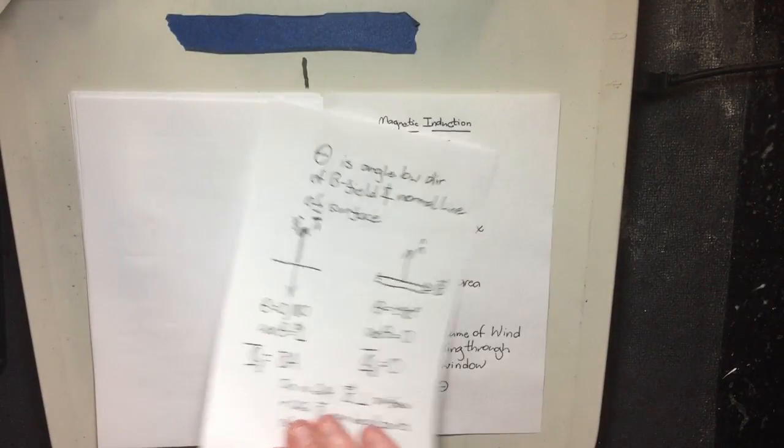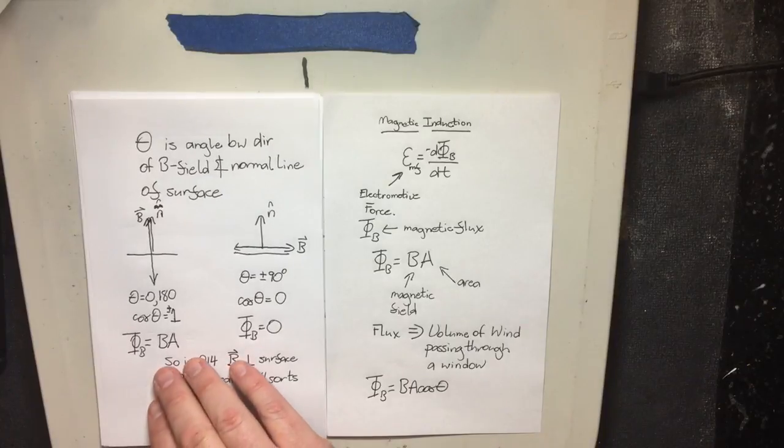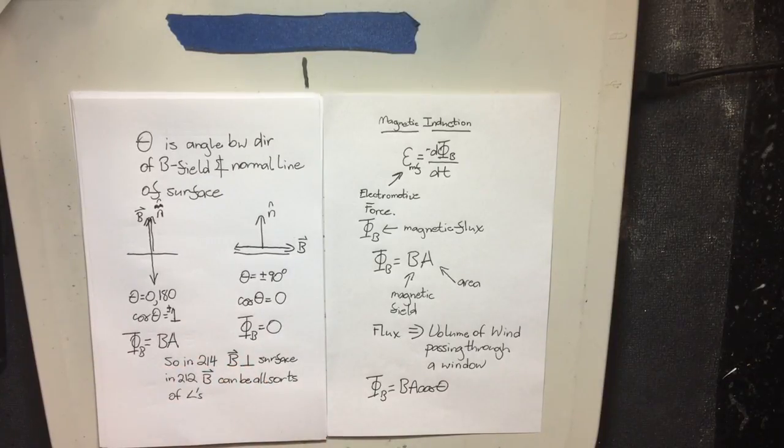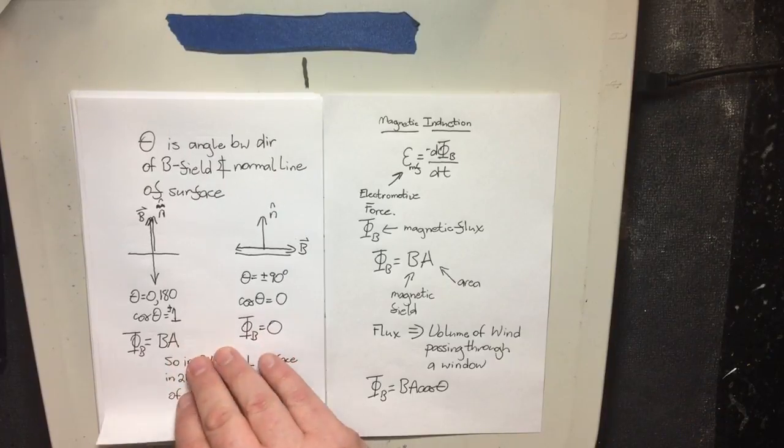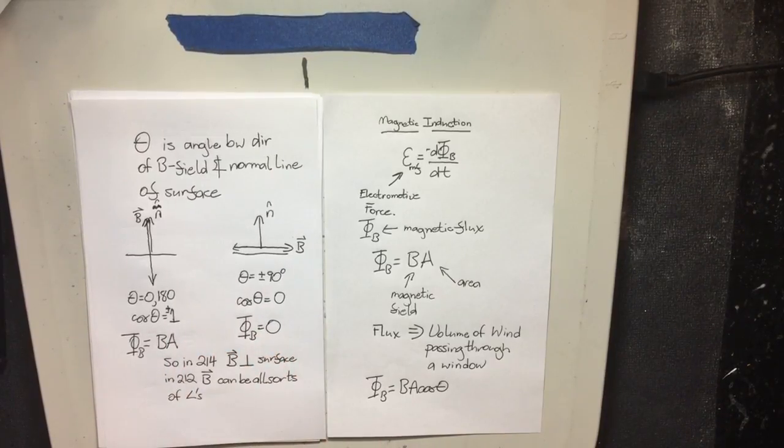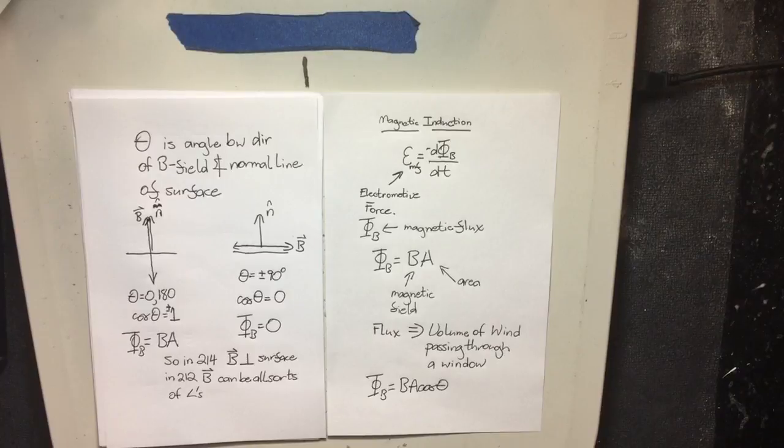In the equation, d phi over dt, by d, do you just mean change? The change, yes. So it's the same like delta. Much like velocity is dx dt, like acceleration is dv dt.